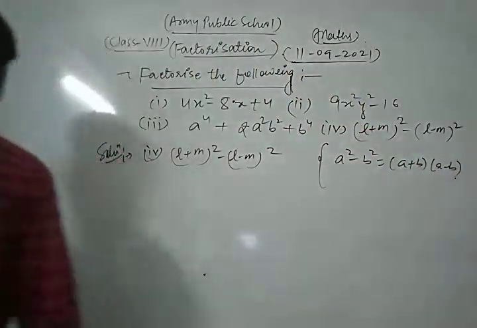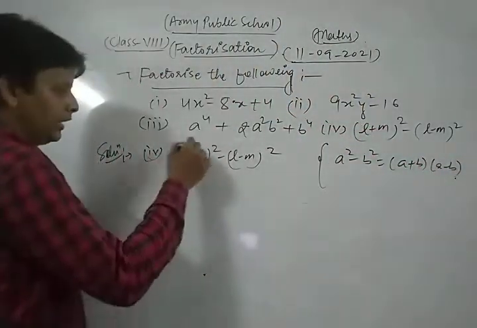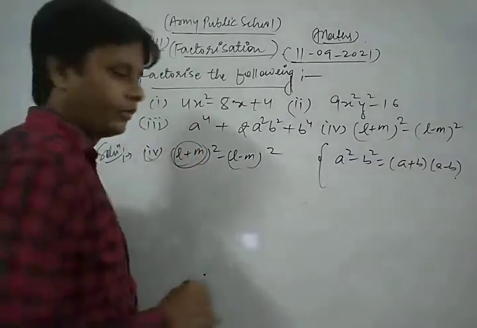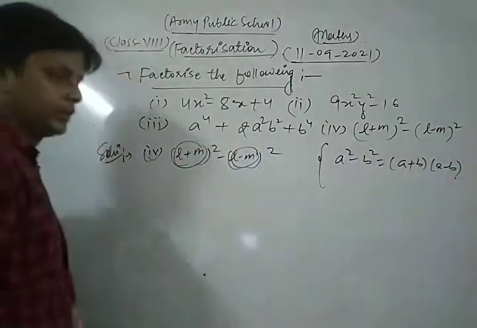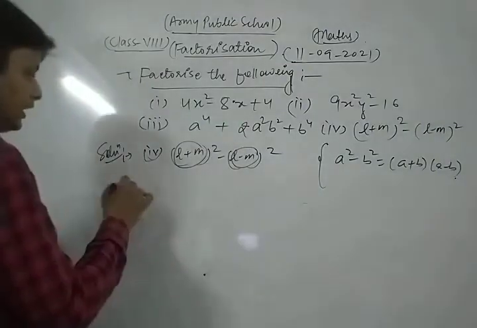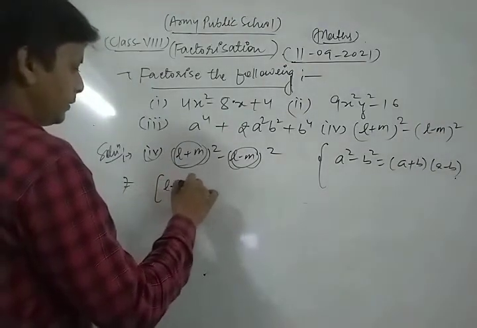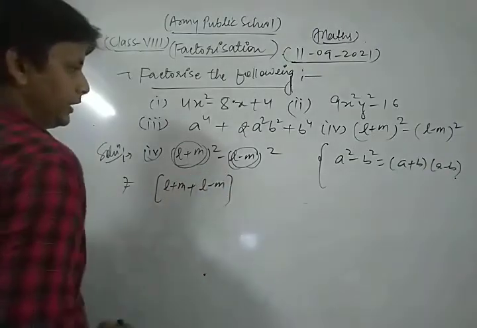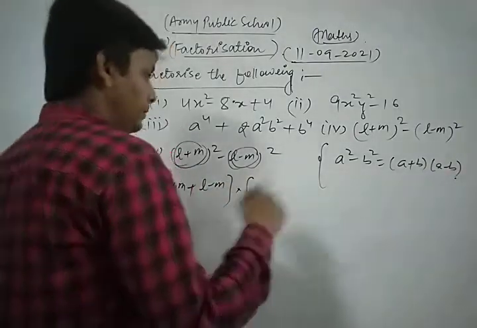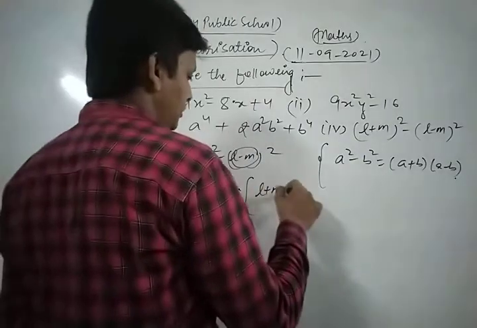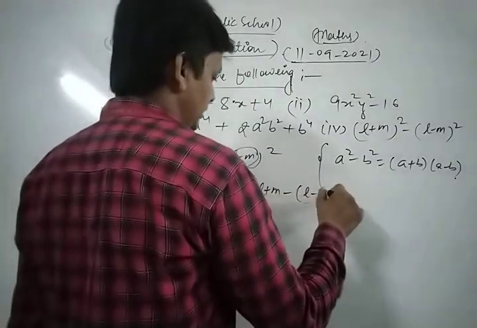Now here the value of a is l plus m and the value of b is l minus m. So we can write a plus b in one bracket into a minus b: a means l plus m, minus b means minus (l minus m).